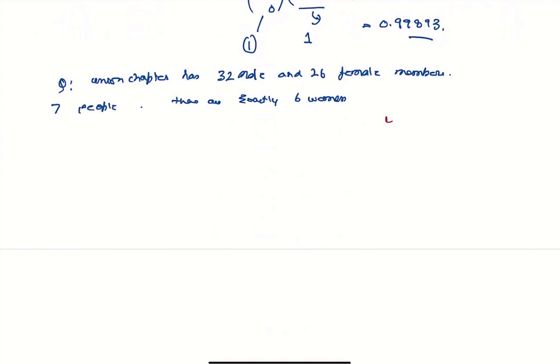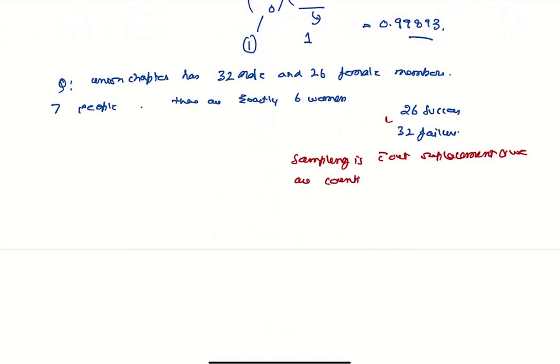There are 26 successes, which is the females, and 32 failures. But sampling is without replacement, and we are counting the number of successes, right? So this becomes a hypergeometric distribution.